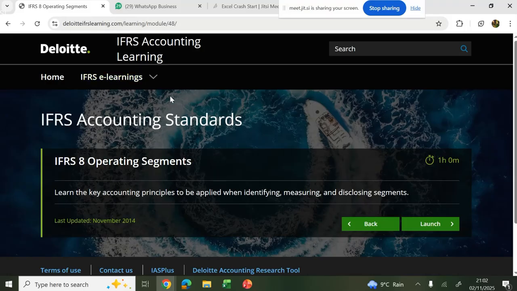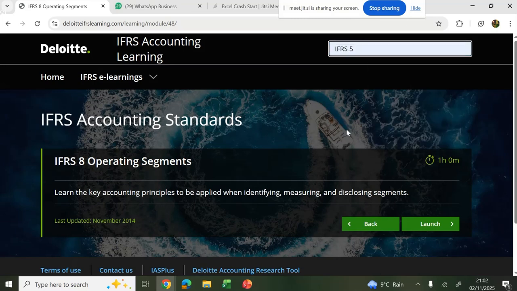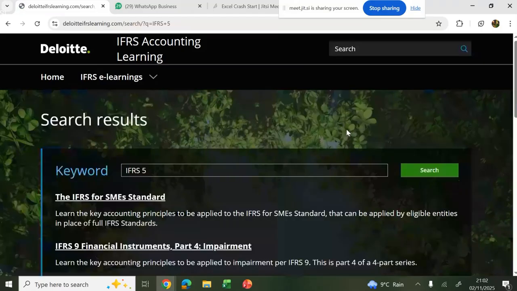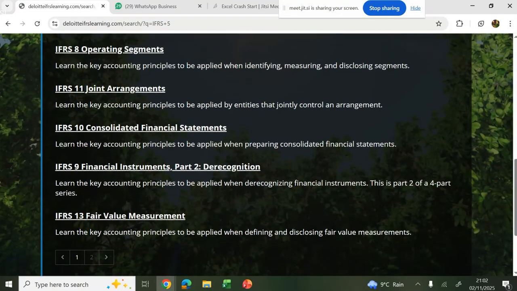It is called IFRS e-learning. The IFRS e-learning is owned by Deloitte, and it has basically all the standards. If you go to that IFRS e-learning, whatever standard you want to test yourself on, just type it in the search button. Let's say you type IFRS 5 and click enter, you can see it gives me all the standards, even ones that are not IFRS 5.